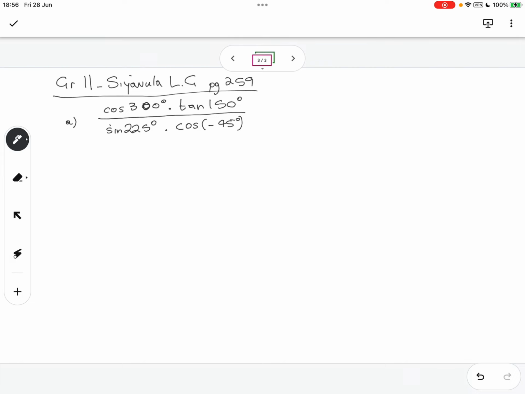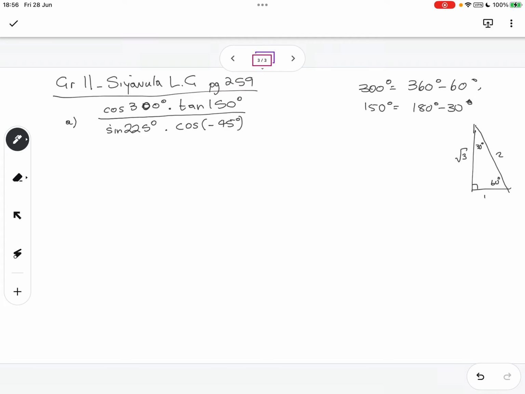what do you think we can do with the angles? I'm thinking 300 degrees can be written as 360 degrees minus 60 degrees, and 150 degrees can be written as 180 degrees minus 30 degrees. And this is an interesting way to think about it, because the fact that it gives us 30 degrees and 60 degrees means that we can use the special triangle that has a 60 degree angle, a 30 degree angle, and a 90 degree angle.